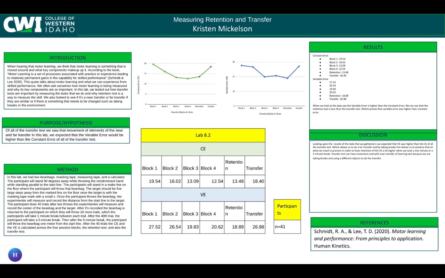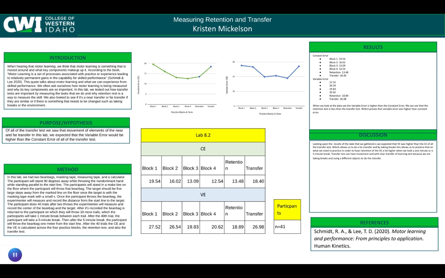So, jumping to our discussion, looking at the results of the data that we gathered, we expected that the variable error, or VE, was higher than the constant error, or CE, of all the transfer tests, which allows us to do a transfer test by taking breaks.